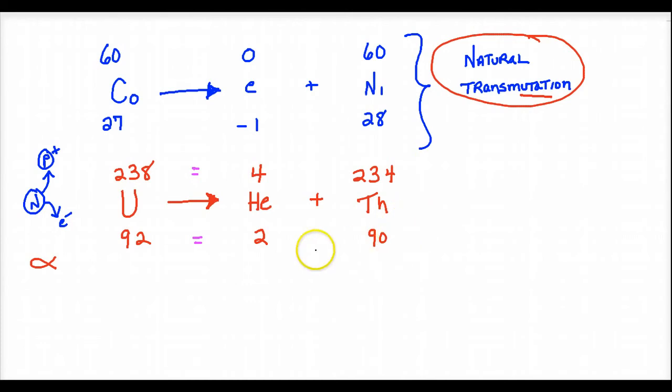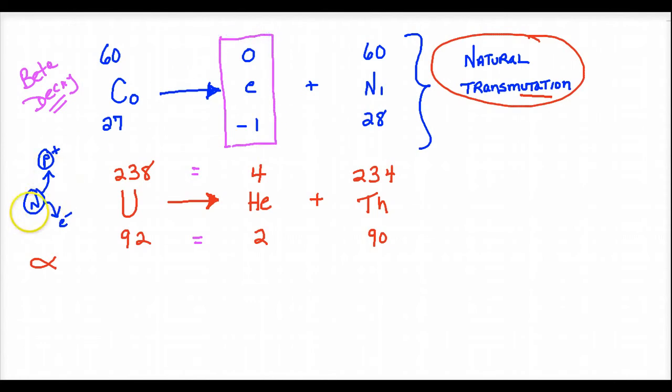In any case, checking my math, I've done this correctly. What I will say is that this example, this nuclear equation here, is an example of beta decay. And we say decay because this cobalt 60 naturally changes into nickel by giving off a beta particle, which is a high-speed electron that came from a neutron.